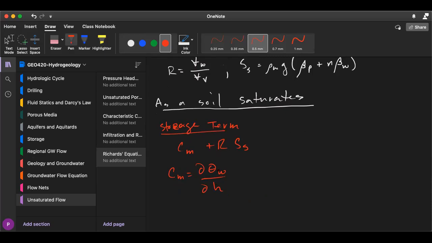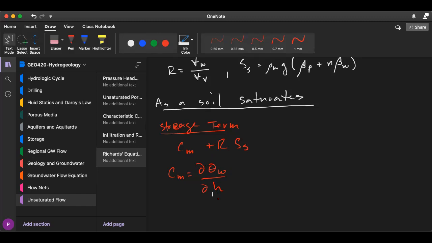Okay, so as I get close to the saturation point, or when my soil becomes saturated, what happens to theta sub W? What is theta sub W when my soil is saturated? It's equal to porosity, right?